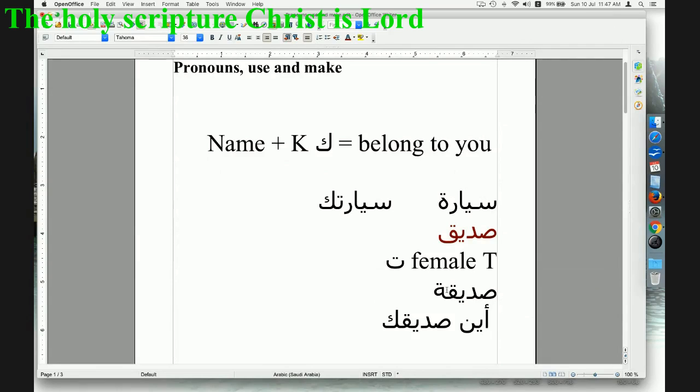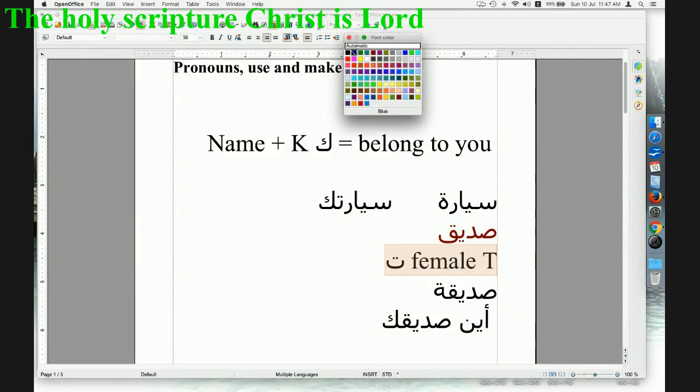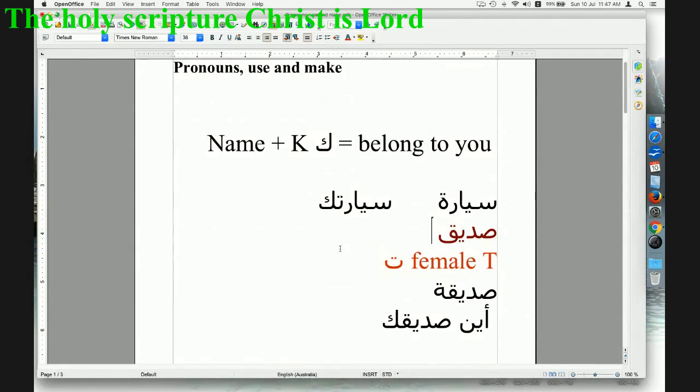How do I make it for females? If you remember, we spoke before, we add the ta, which is the ta of the female, at the end of the word. So, sadiq, we add the ta, that will make it sadiqa.